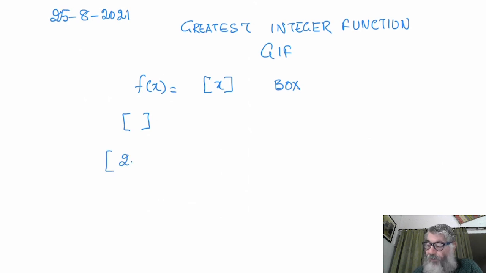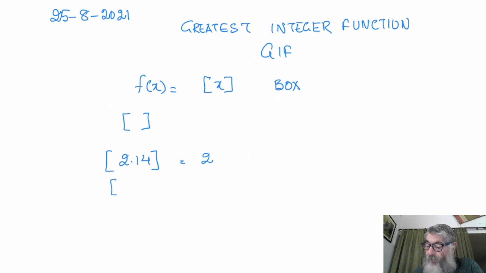Suppose it is 2.14, and if I want to find the greatest integer of 2.14, then I will neglect the fractional part, that is 0.14, and it will become 2.